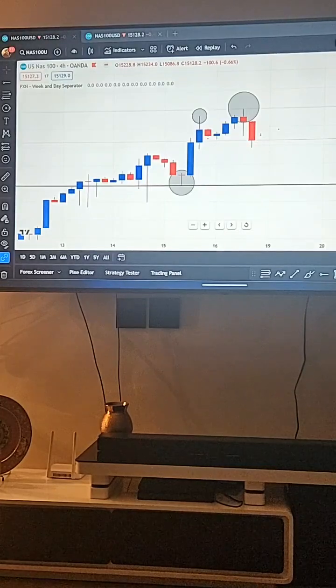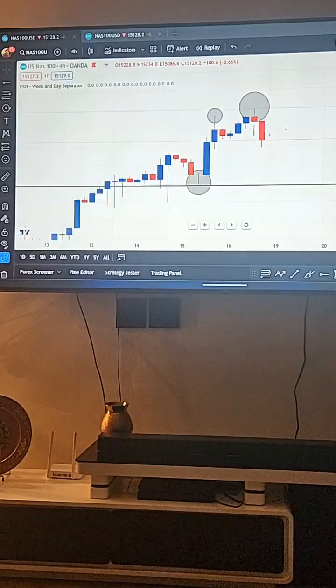One is giving back to the market and one is taking from the market. That is manipulation, inducement, whatever you want to call it. But that's what they do.